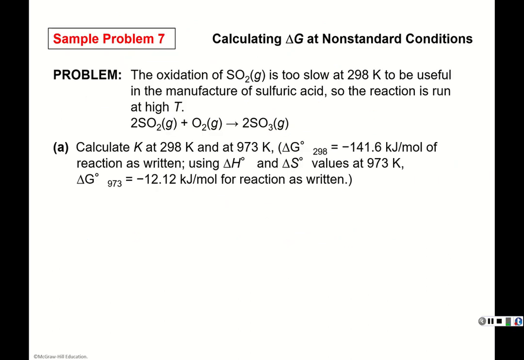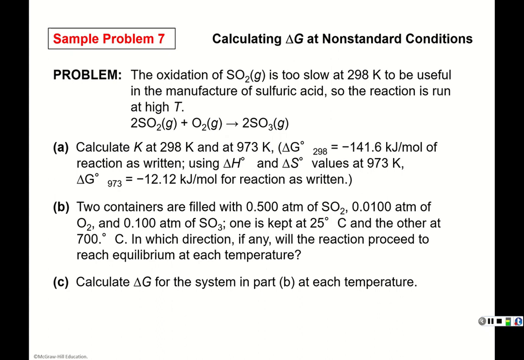Okay, last question. Oxidation of SO2 is too slow at 298 Kelvin to be useful in the manufacture of sulfuric acid, so the reaction is run at high temperature. So our reaction is 2SO2 plus O2 goes to 2SO3. First calculate K at 298 and at 973 Kelvin, and we're given a delta G naught value at 298 and a delta G naught value at 973.